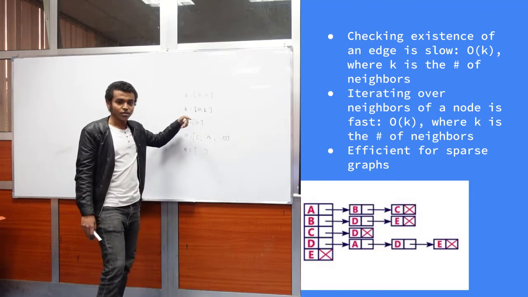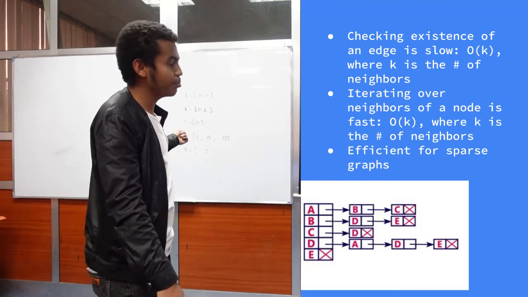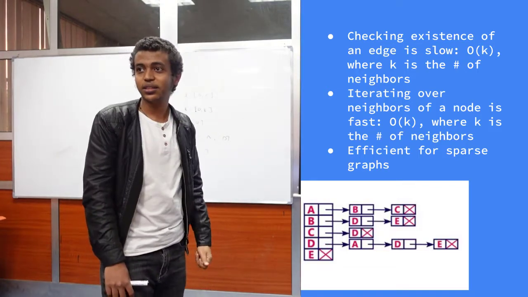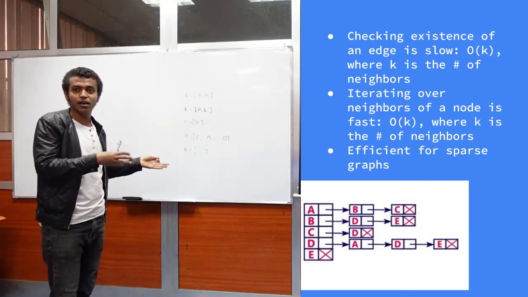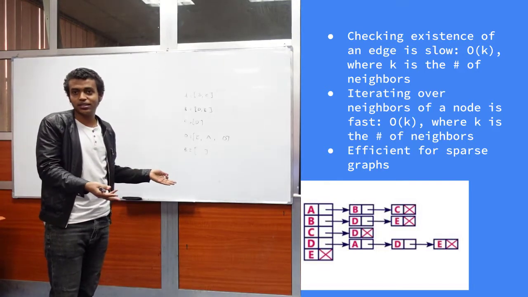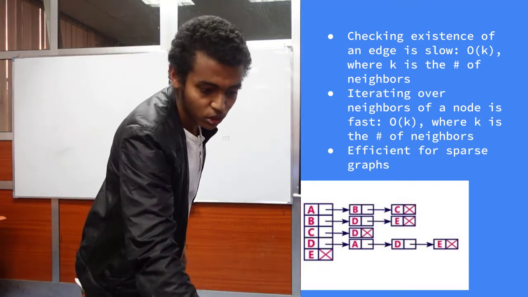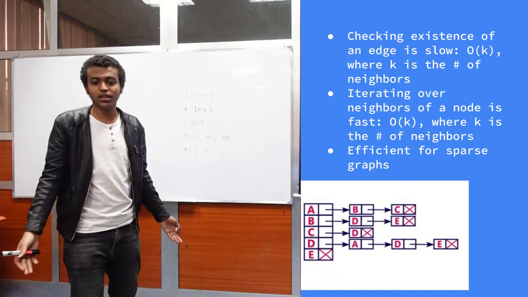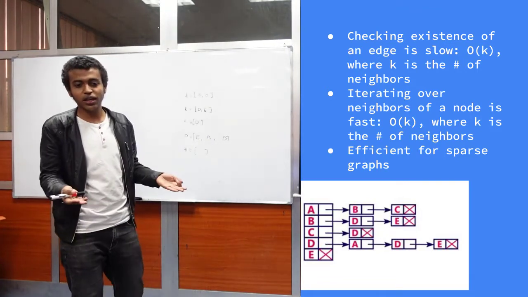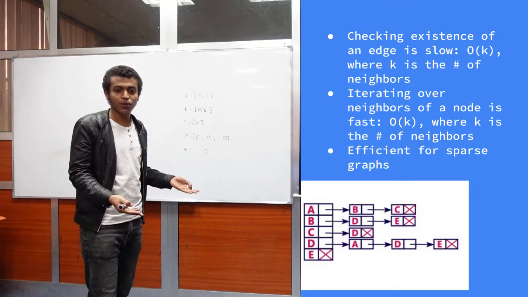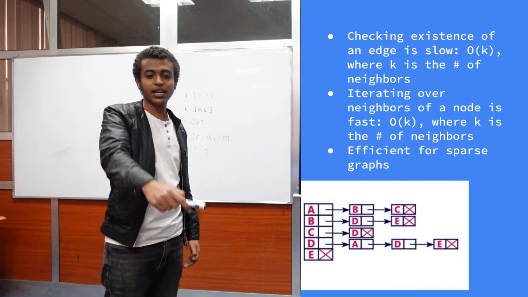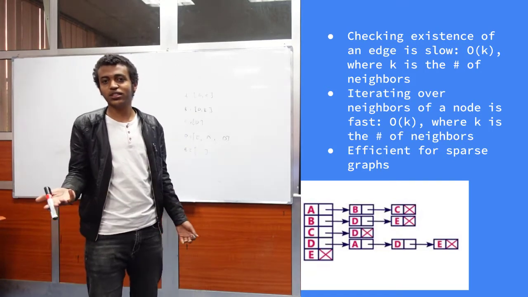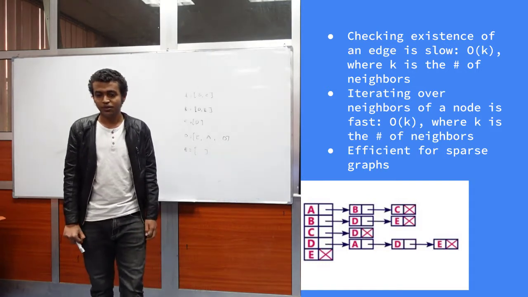So the adjacency list is also going to take n squared memory, and the adjacency matrix memory doesn't change. So they're going to require the same memory, but we would have the advantage of checking existence of an edge in O(1). So we would go for adjacency matrix since we have that advantage.